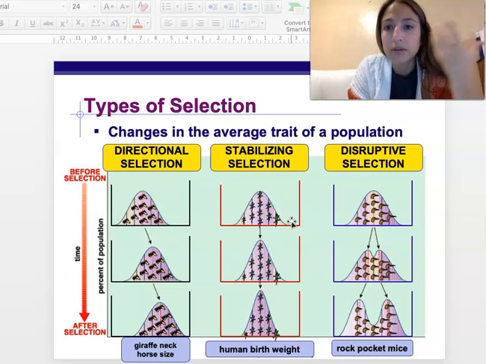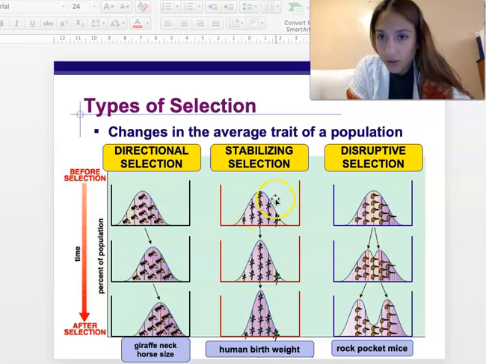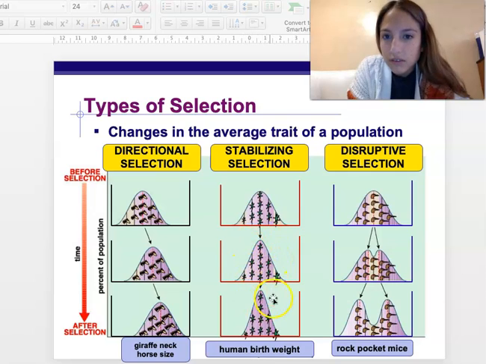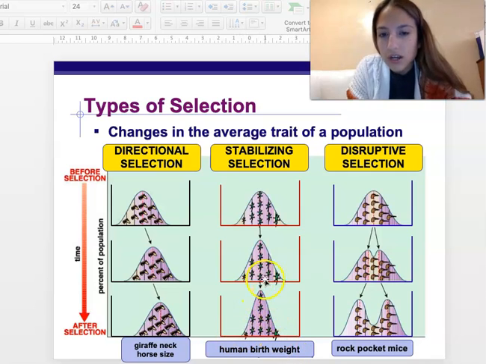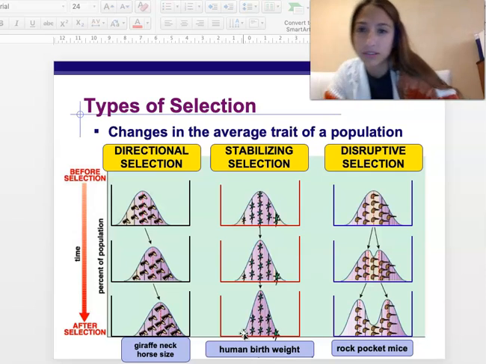Those traits are not going to be favored for. So the intermediate trait, the average trait of birth size, is going to be the trait that's favored for. And with time and generations, eventually the vast majority of human beings that are going to be born will fall within this average size because it's the size that is favored based on environmental conditions.